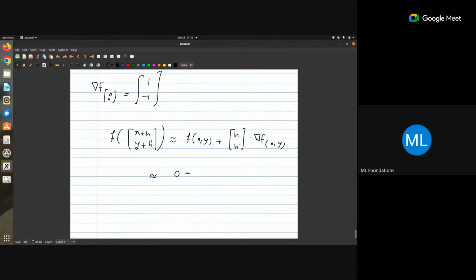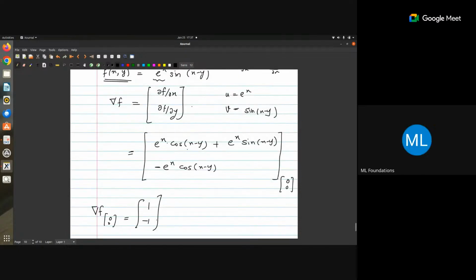Then this will be 0 plus, basically you have to take a transpose, so then only you'll get a scalar value. Basically this is the transpose of the gradient of f at 0, 0, which equals 1, minus 1. How did we get it?